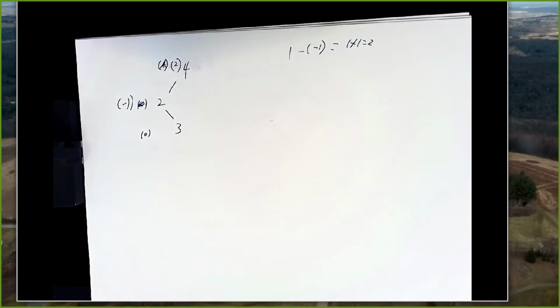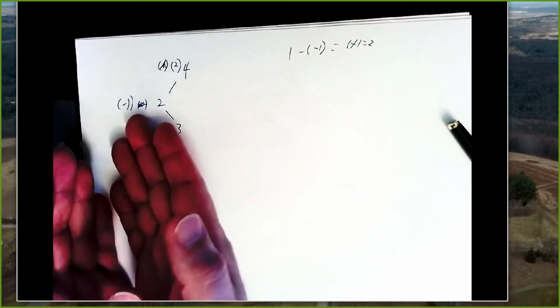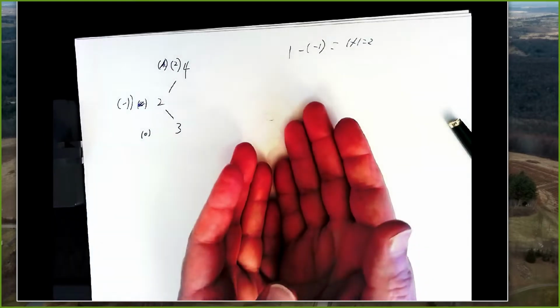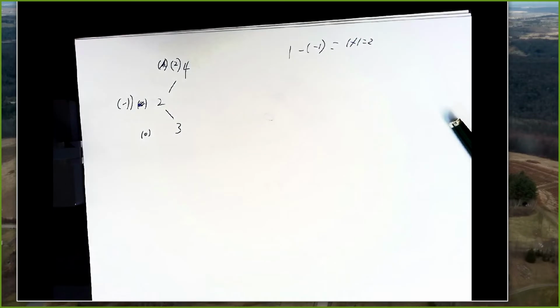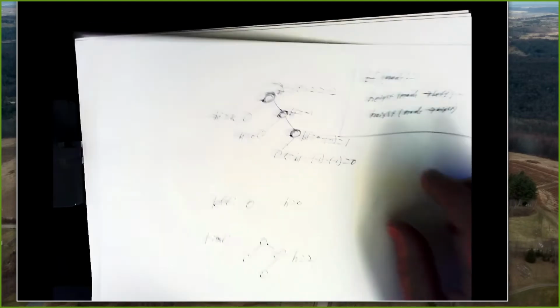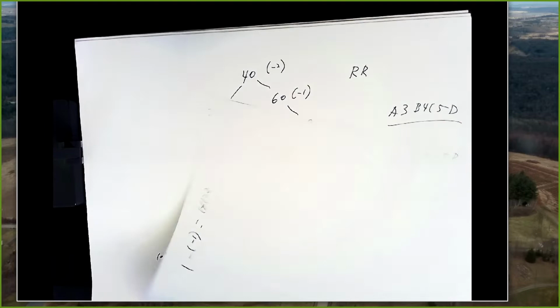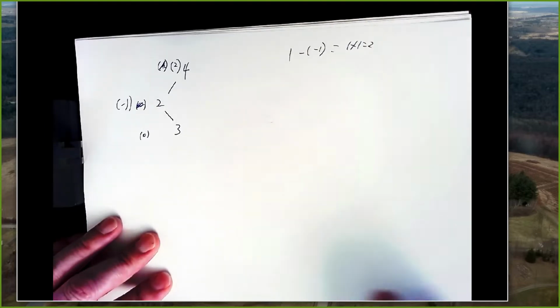So you get a lot of practice with adding and subtracting negatives. But visually, the balance factor is basically saying how much stuff is on this side versus that side. And the way we define this was height of the left minus height of the right. That's sort of arbitrary. I could have defined it to be height of the right minus height of the left.